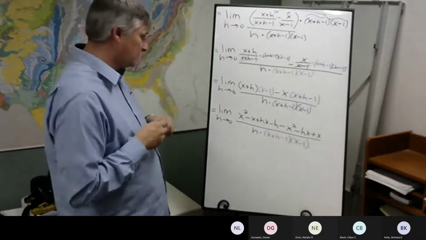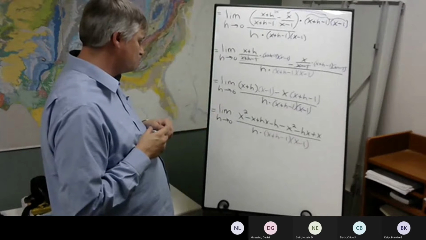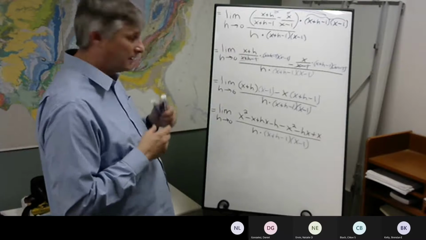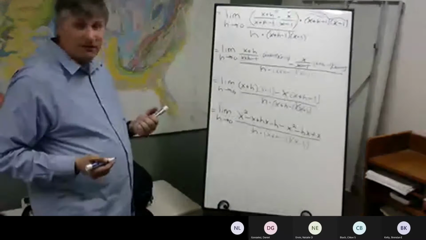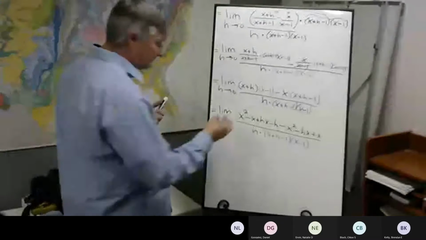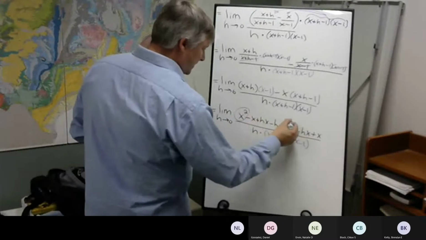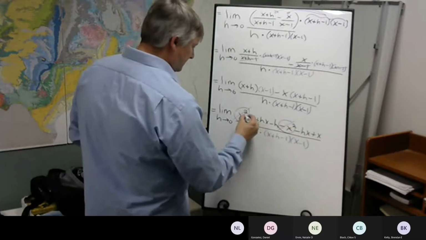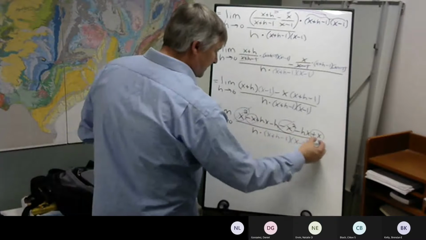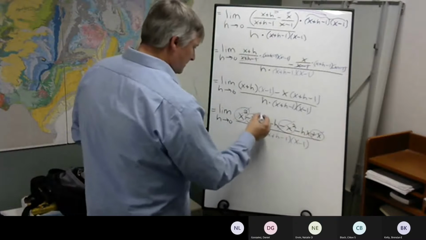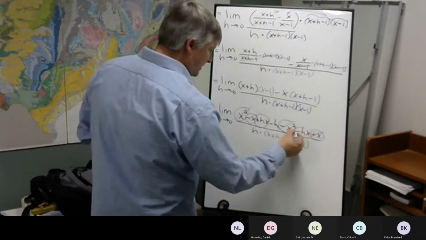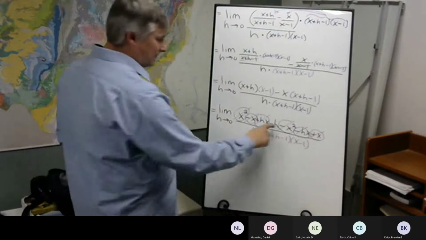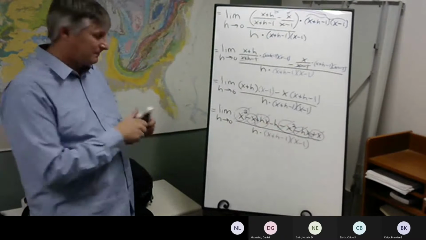And let me check my algebra and make sure this is looking good. Okay. Negative x squared. All right. So let's look for things that can cancel. Well, there's an x squared, negative x squared. Then we have a negative x, a positive x, and a positive hx and a negative hx. So at the end of the day, we just have a negative h on top.